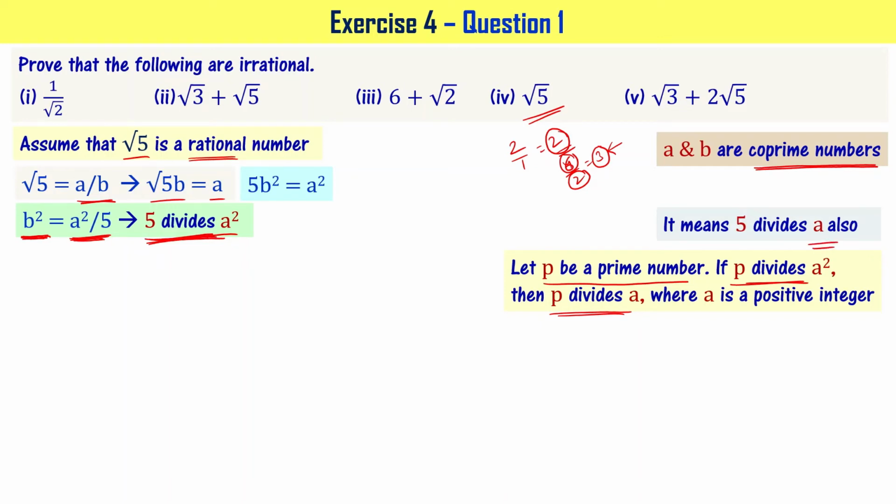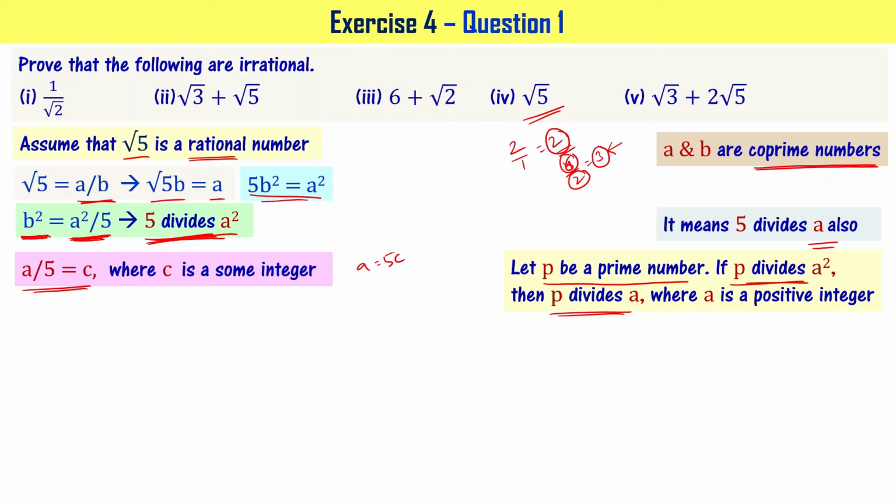If 5 also divides a, it means a by 5 is equal to some integer. I'm calling that integer c. a by 5 equal to c. This can be written as a equal to 5c, right? Now we have already seen that 5b square equal to a square, right? Let me substitute a equal to 5c into this equation.